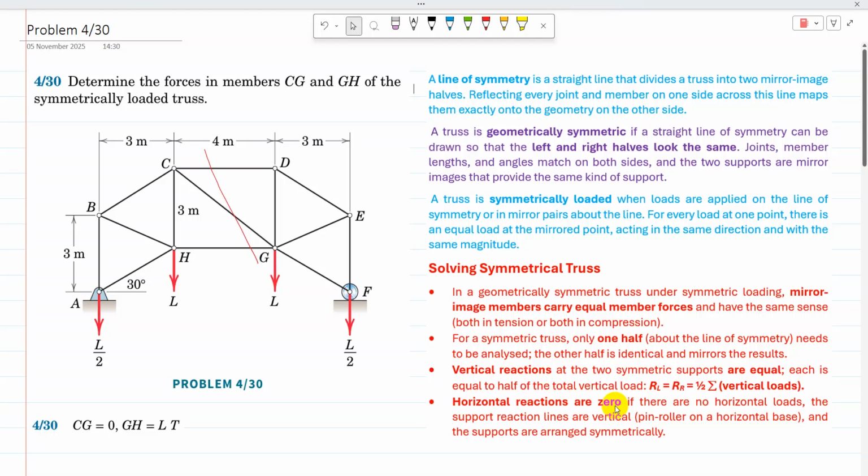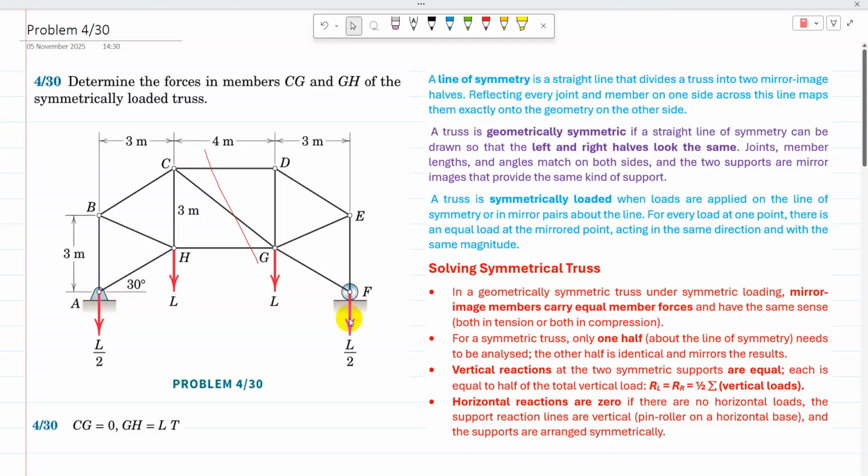Horizontal reactions are zero if there are no horizontal loads. There are no horizontal loads, so horizontal reactions are zero because the support reaction lines are vertical, with a pin and roller on a horizontal base. Both the pin support and roller support are on a horizontal base, so at the pin support there will be no horizontal reaction, only vertical reactions.